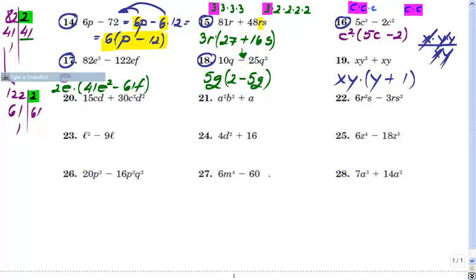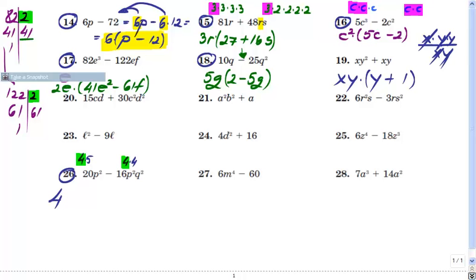Let's do, I don't know, one more from here. I'm looking at each one of them. Let's do 26. 20p squared minus 16p squared q squared. 20 is 4 times 5, right? 16 is 4 times 4. What is the common factor in here? 4. Looking at my p squared, p squared repeats in both, so that p squared is also going to be a common factor.